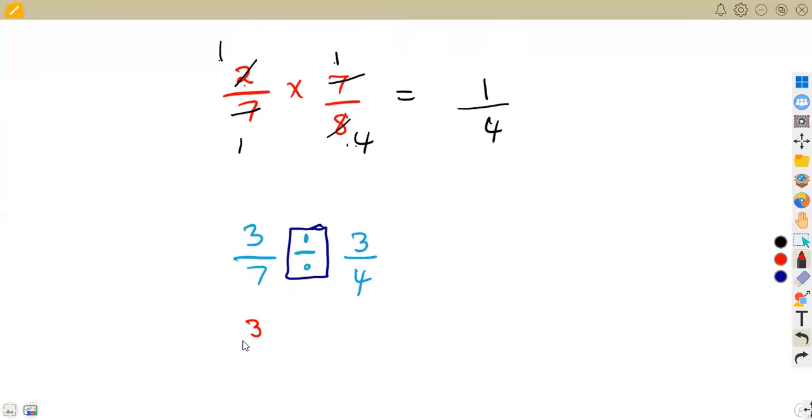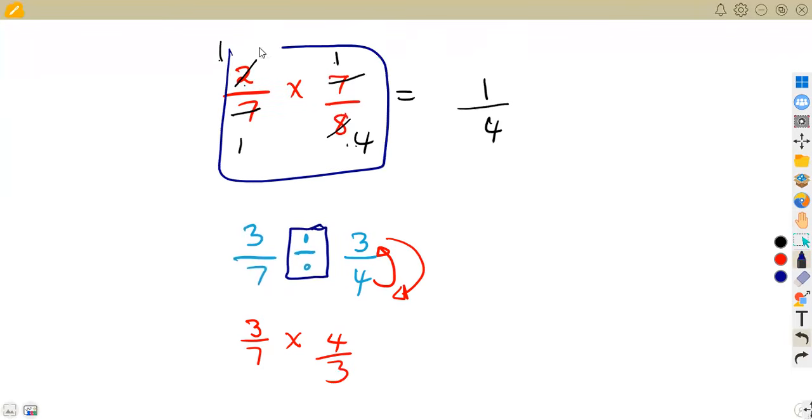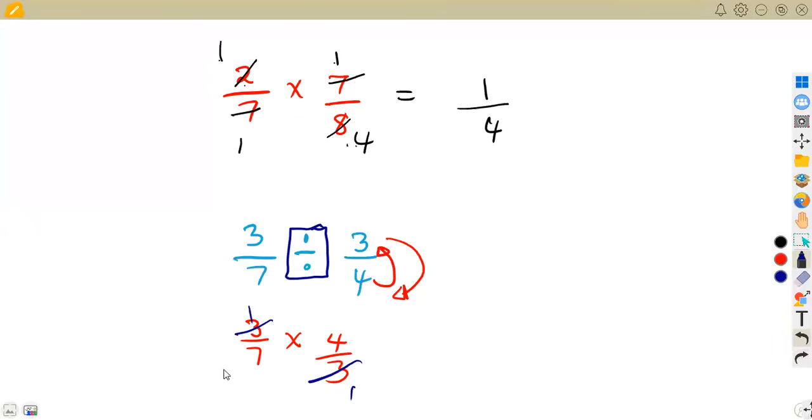The moment we introduce a multiplication here, the second fraction we have to invert, interchanging the numbers, so it will be 4 over 3. The moment you have 4 over 3, we are back to multiplication. As you can see, wherever there's a division, the question goes back to normal multiplication. Once you're under multiplication, numerator to denominator, I can cancel. But numerator to numerator, I can only multiply: 1 times 4 is 4, 7 times 1 is 7.